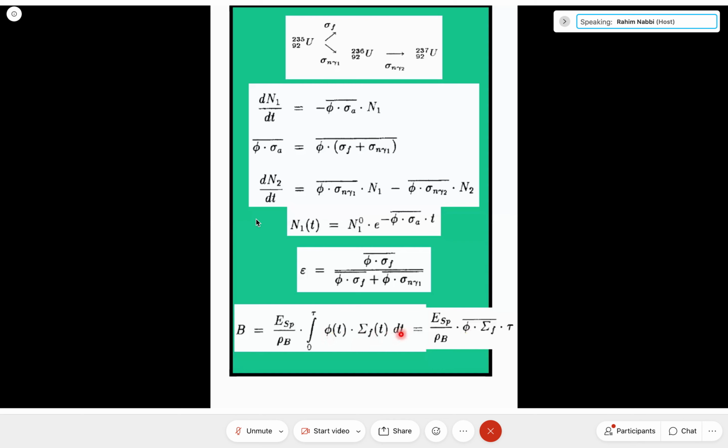The integral of delta t for the whole operational cycle would be tau. Finally, you get the burn-up due to the fission. But again, the unit here is megawatt or watt second per gram or kilogram of fuel.